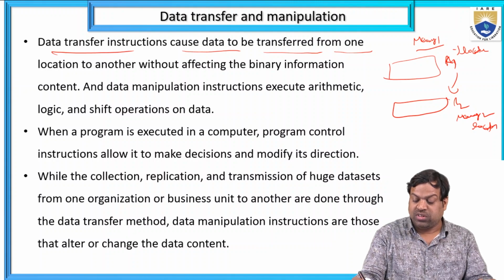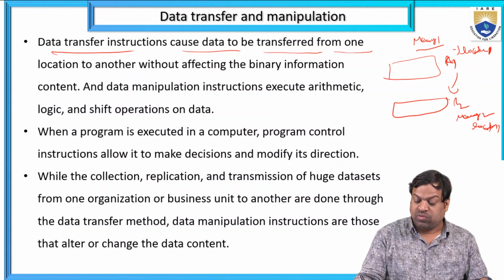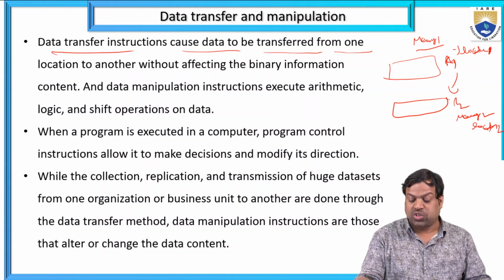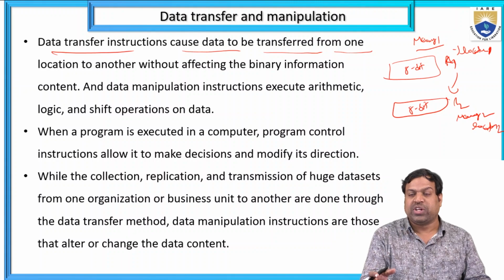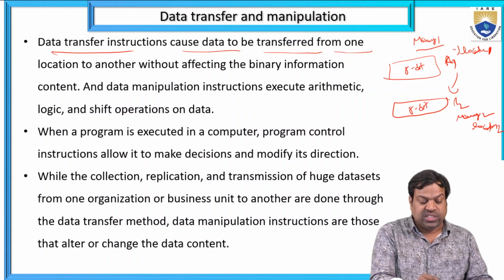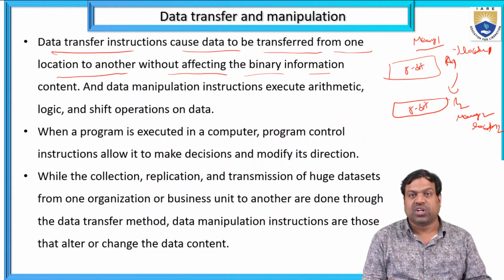It is location 1 and it is location 2. So R1 data of 8-bit is transferring to the R2 register of 8-bit. The same data is moved from one register to another register, or from one memory location to another location, without affecting the binary information content.